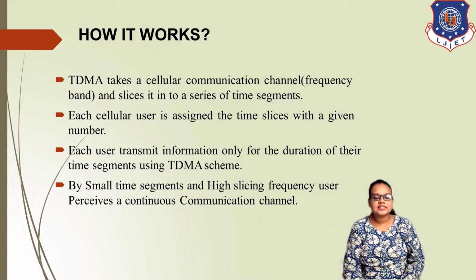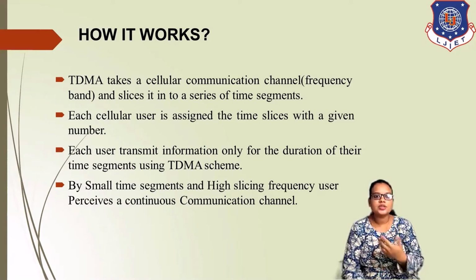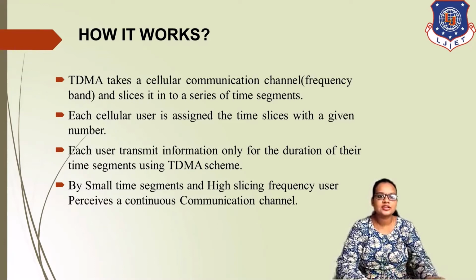Each user transmits information only for the duration of its time segments using the TDMA scheme. With small time segments and a high slicing frequency, the user perceives a continuous communication channel. So as the time slots are small time segments with high frequency slicing, users can communicate easily with the help of the TDMA system, compared to the FDMA system.